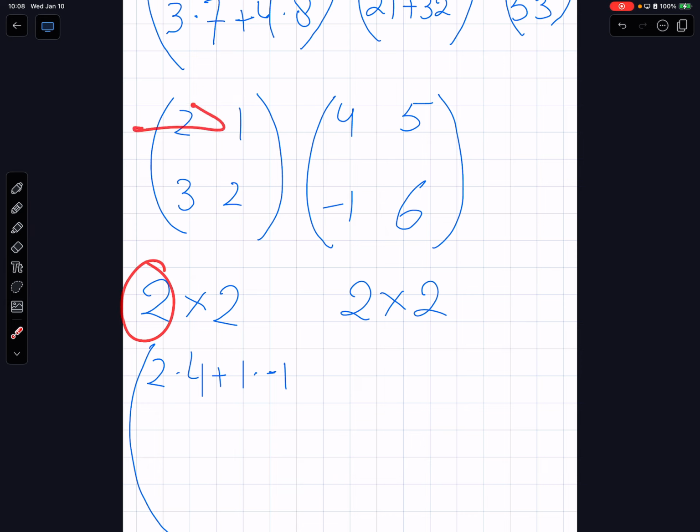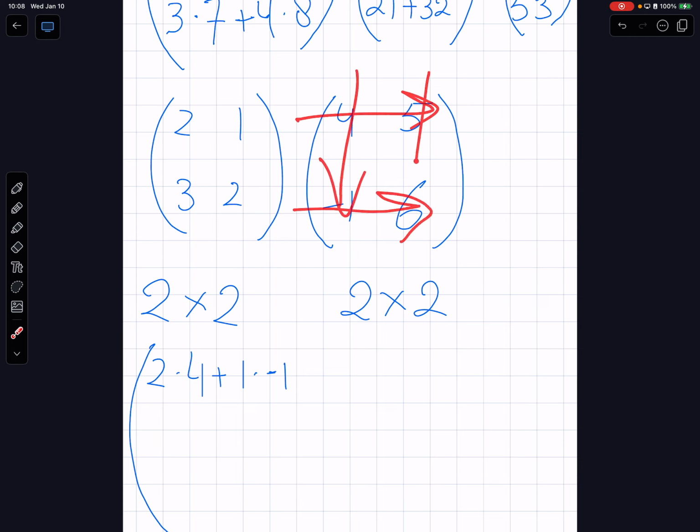This 2? Yes, the rows. And the one on the right is the column, right? Yes, that's the column. So how does that correlate with the other matrices? It's also a row and a column. 2 by 2.